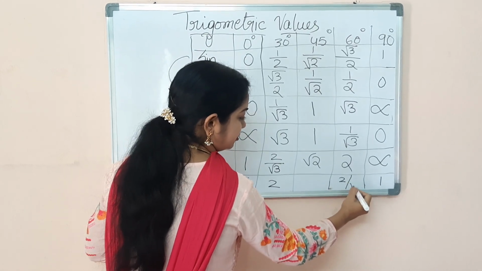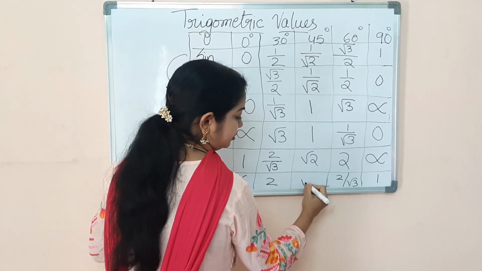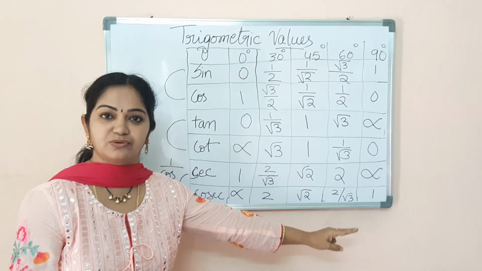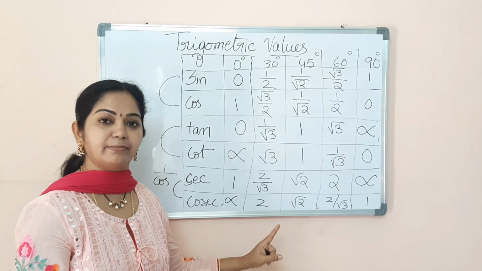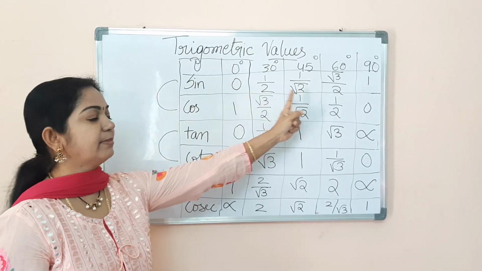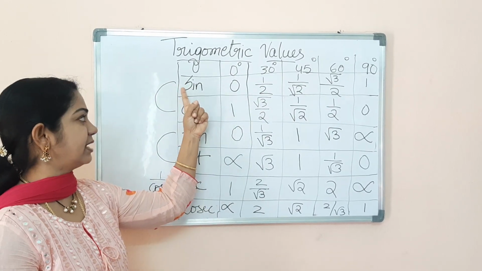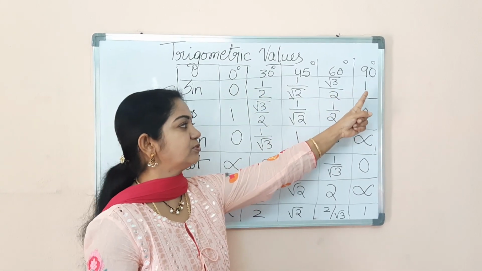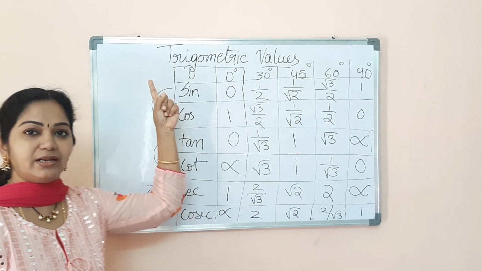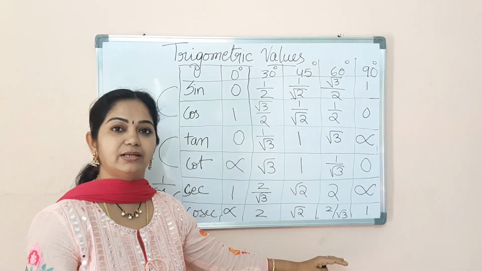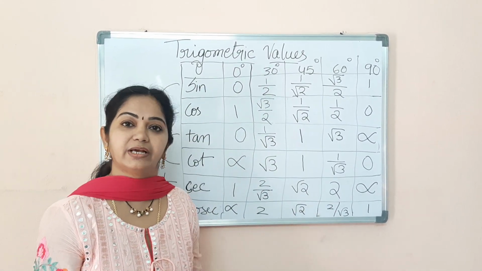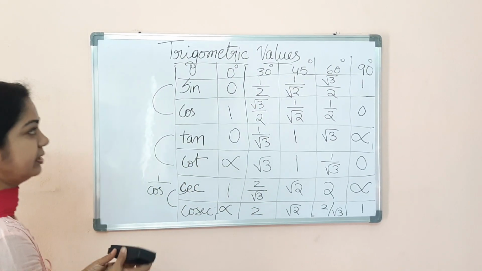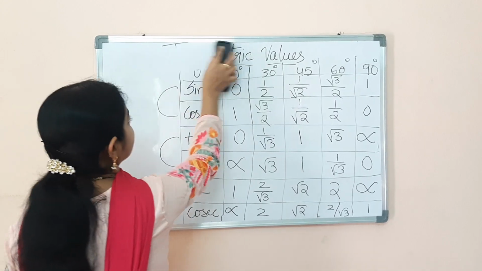The whole table of the trigonometric values you can simply remember by only remembering the sine values. That is, sine 0 is 0, half, 1 by root 2, root 3 by 2 and 1. Just remember the sine values and you can write all the values and use them while solving the problems. So this is one simple method of remembering the trigonometric values.